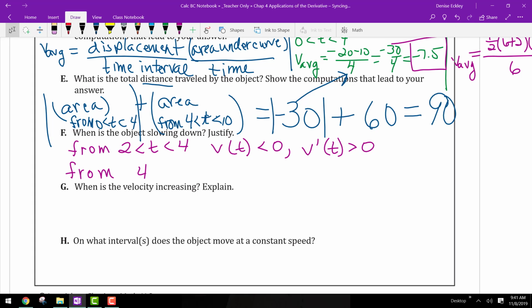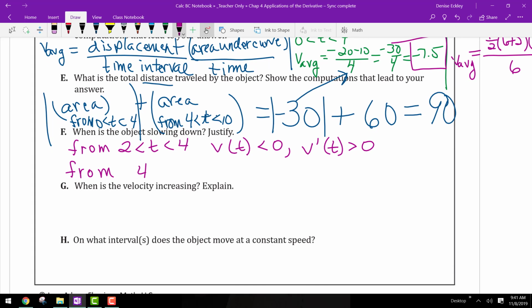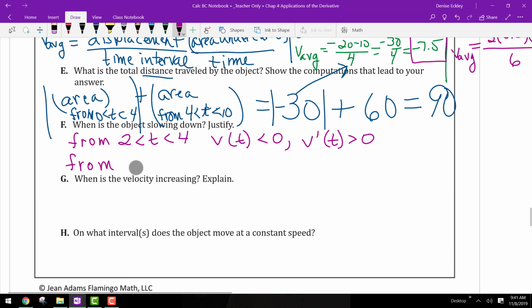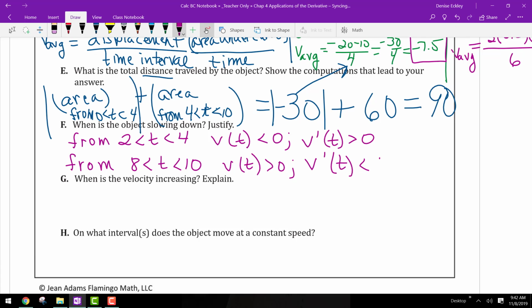It's from 8 to 10. I'm sorry, I don't know why my computer is slow to respond today. So v of t is greater than 0, and v prime of t is less than 0.